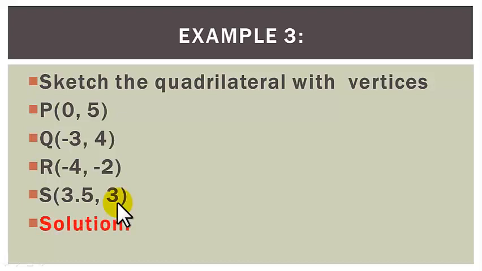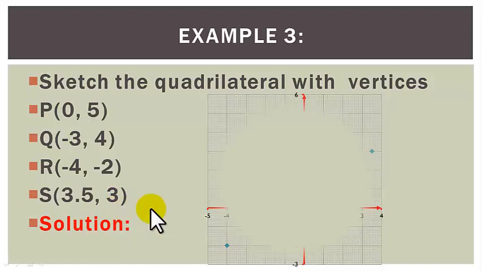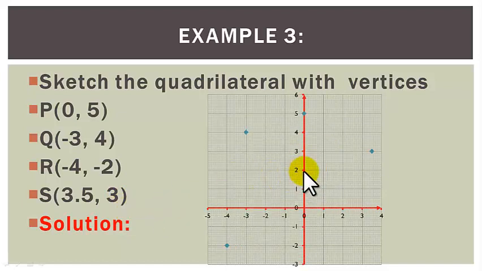Solution. Draw a rectangular coordinate plane as shown here. Then locate the point P here. The coordinate of this point P is (0, 5). This is the location of the point Q with coordinate (-3, 4).